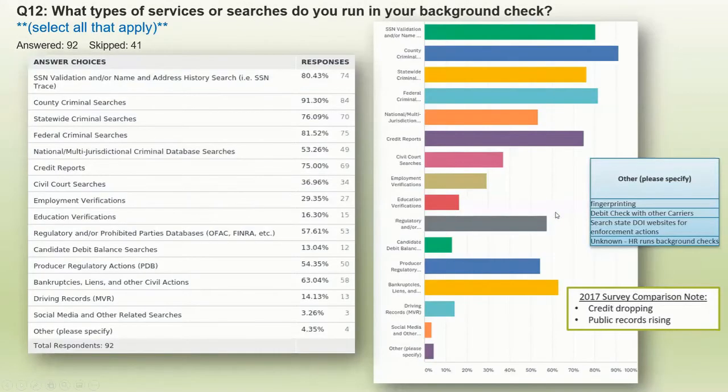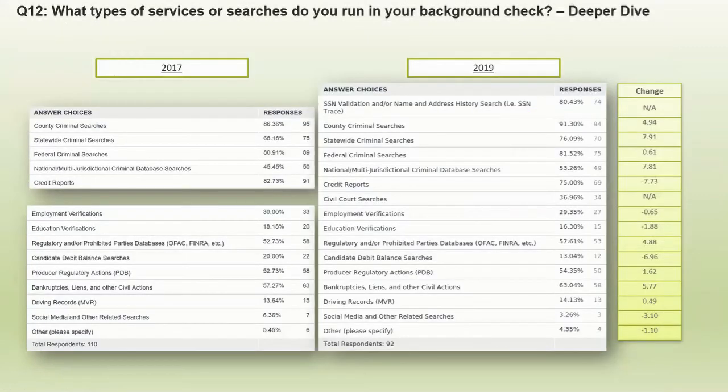I just went backwards, my apologies. So this is a deeper dive, like I was mentioning on that same slide before. I tried to line up the 2017 responses with the 2019 responses, with the understanding that the SSN validation process and civil court record searches were not represented in previous surveys.